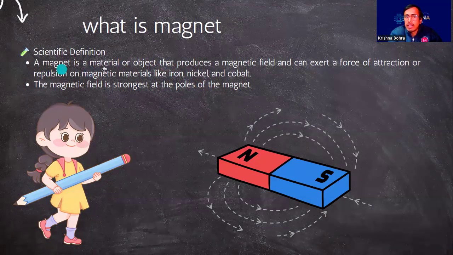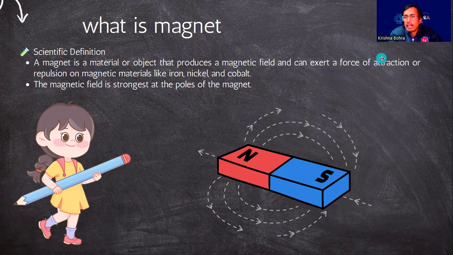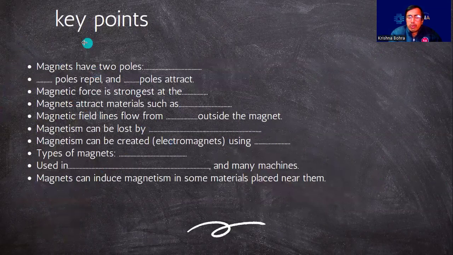A magnet is a material or an object that produces a magnetic field and can exert a force of attraction and also a force of repulsion on a magnetic material like iron, nickel, and cobalt. You might have observed that a magnet has two poles.